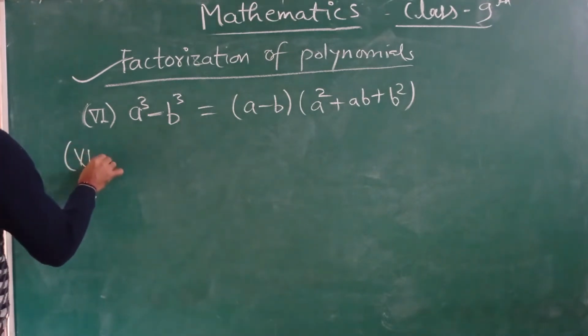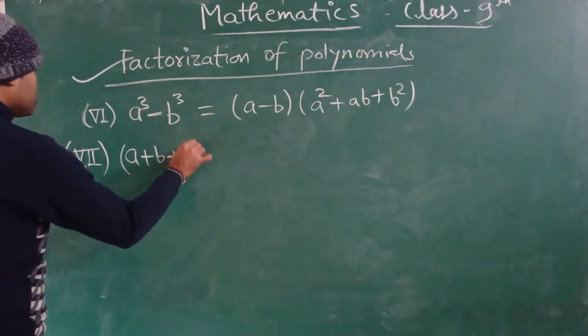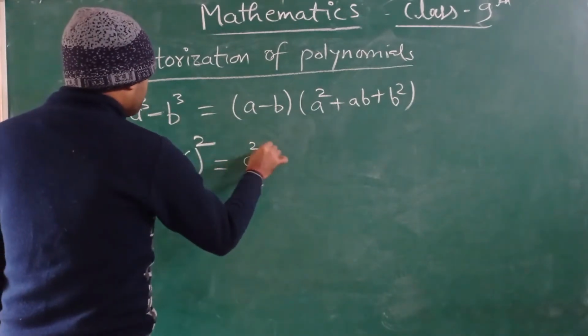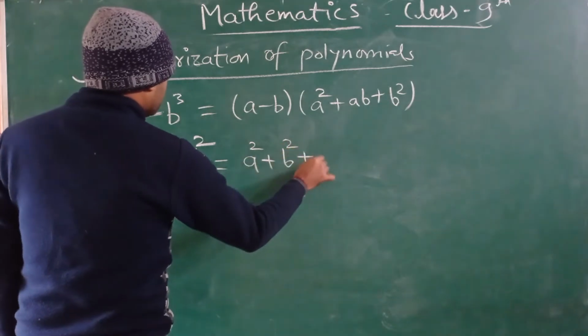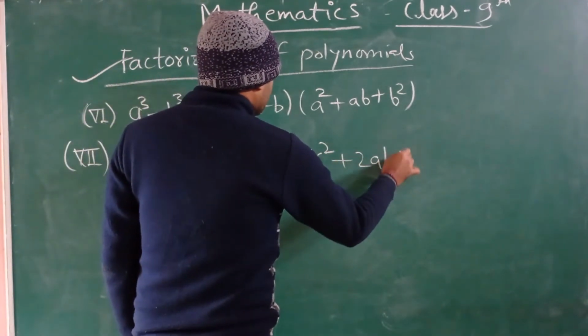The seventh formula is for a plus b plus c whole square. That is given by a square plus b square plus c square plus 2ab plus 2bc plus 2ca.